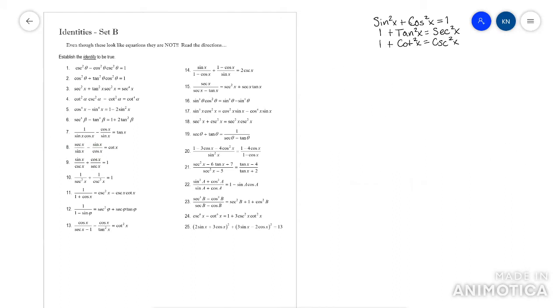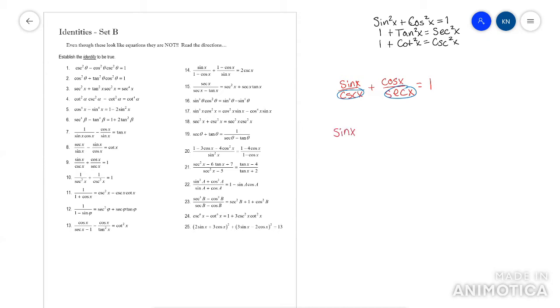Number 9. I've got sine over cosecant plus cosine over secant. And I need to prove that this equals 1. All right, so the first thing I would do is change the cosecant and the secant. I'd be bringing them to the top of the fraction.